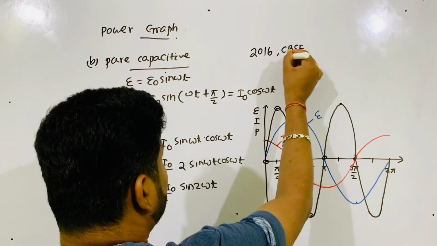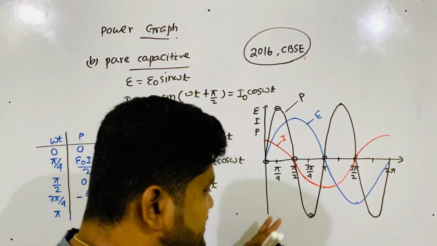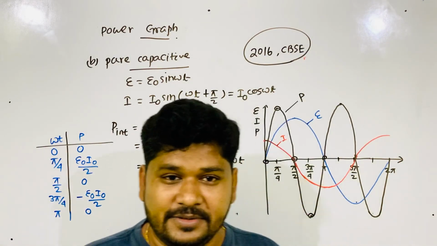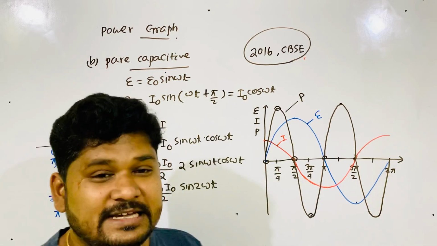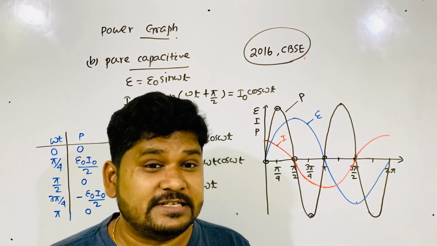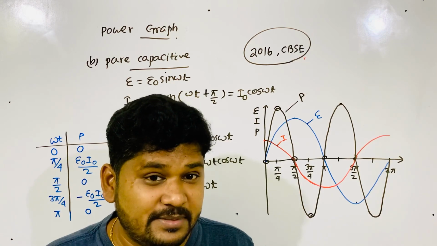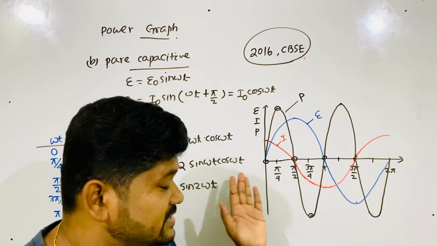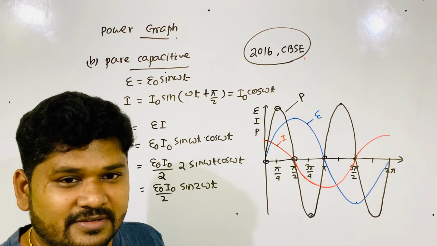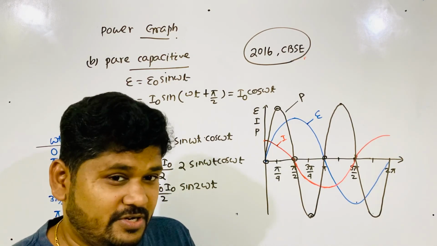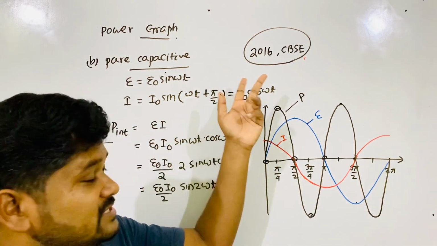But it was not new in the sample paper. It is one exemplar question in the alternating current chapter. If you open your exemplar book, you will see the first question in short answer, this one. You can go through the question in the book, or you can see the sample paper question of 2016.